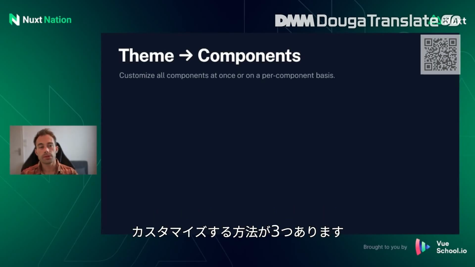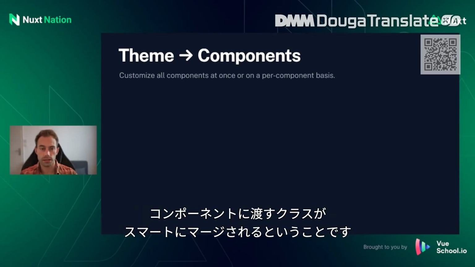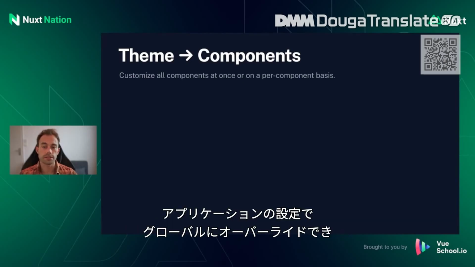Now that you know how the component's theme is defined, you have 3 ways to customize it. I want to highlight before that Tailwind Merge is used under the hood by Tailwind Variants, so the class you pass to the components are smartly merged.